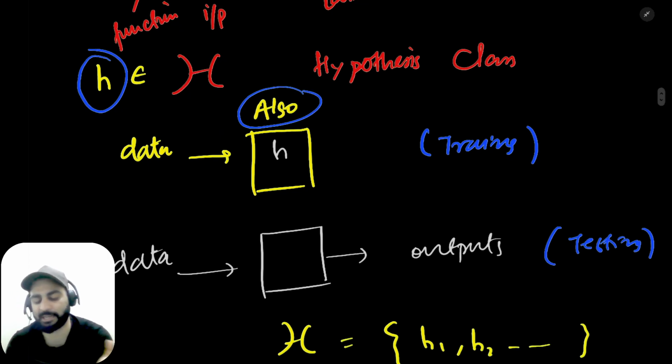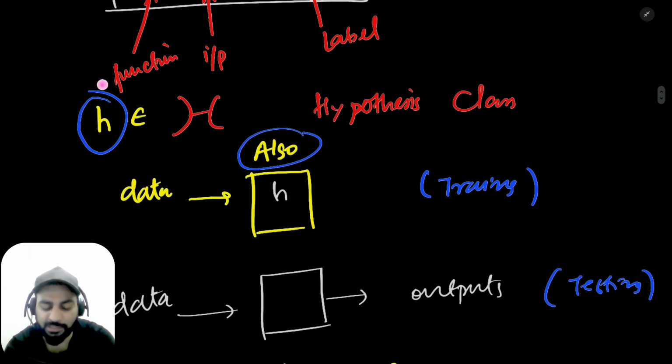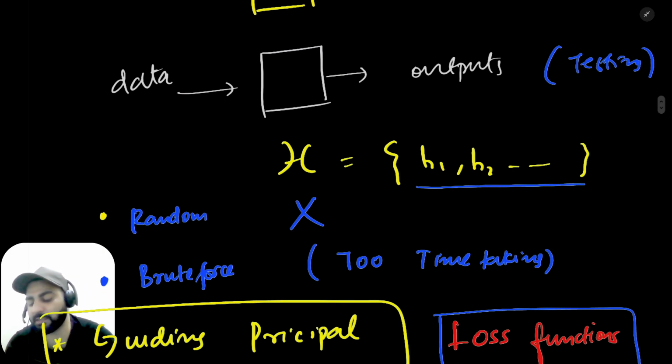Then I said there is this training process, when you find this h in the algorithm, and the testing process, when you evaluate this h. So the whole point is finding this h. How to find it now? Out of the different hypothesis functions in this hypothesis class, if I choose at random, there will be random answers.